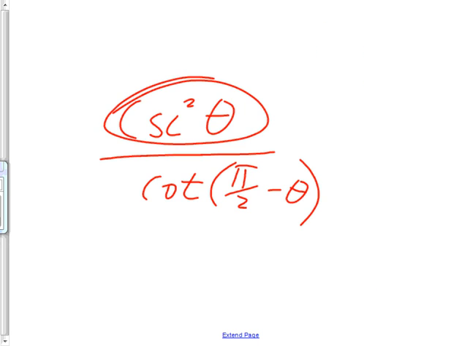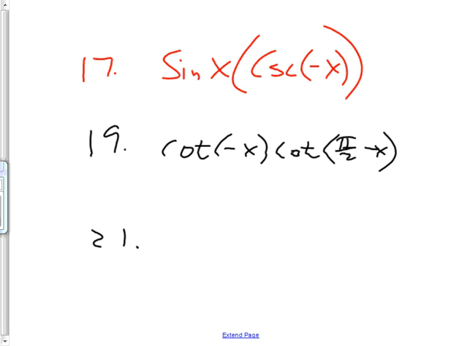Moving on, we had, there we go, 17. Sine x times cosecant negative x. Ooh, cosecant negative x. Do you remember that stuff with the ones that were odd and even? Those are the ones that had the little negatives. So, can you tell me, cosecant is the evil twin of sine, right?